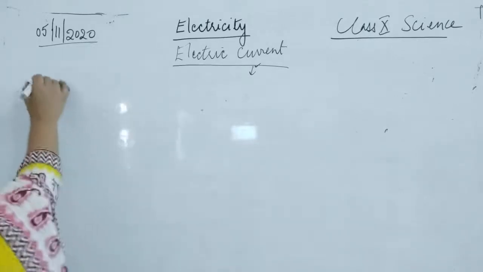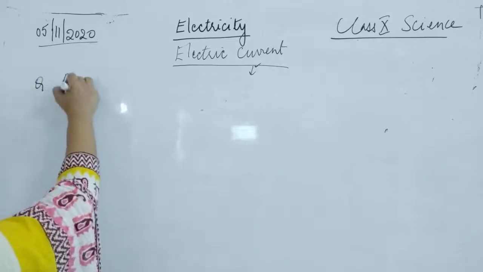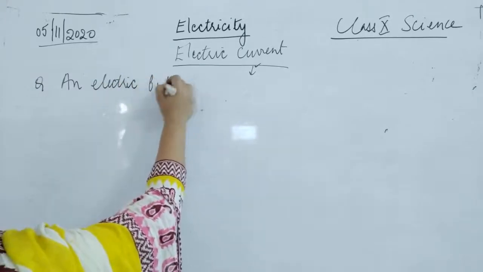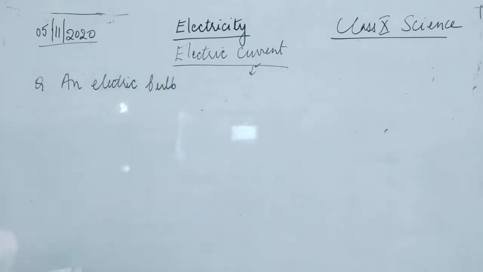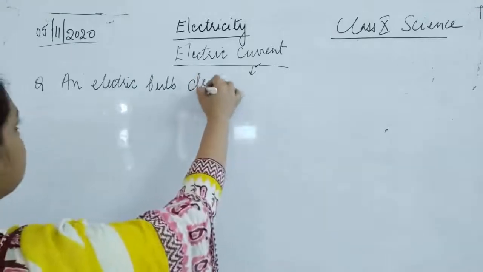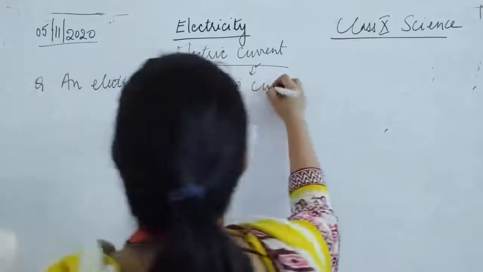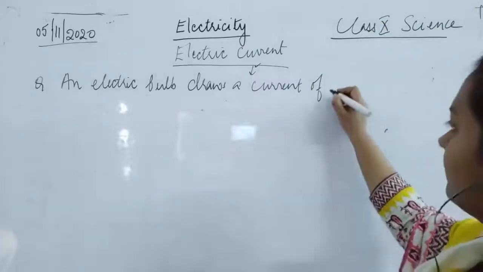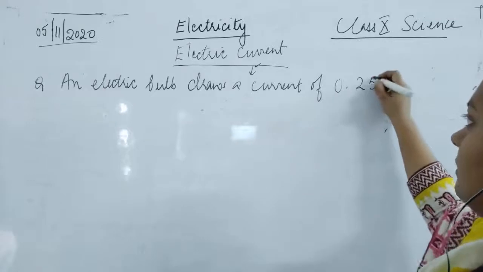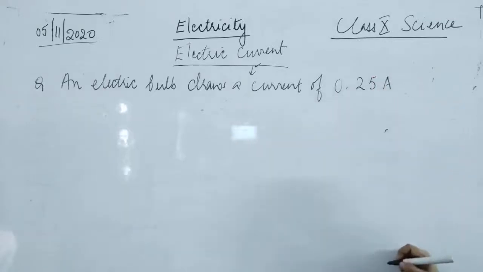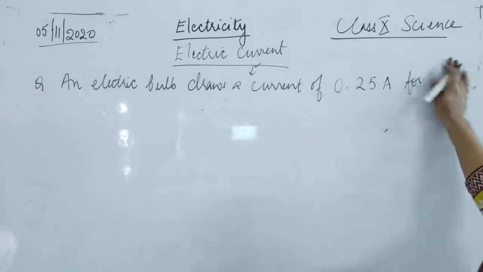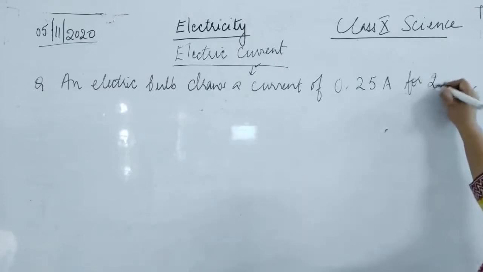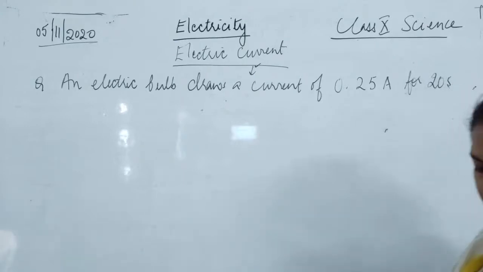Now the question is, an electric bulb draws a current of 0.25 ampere for 20 seconds.